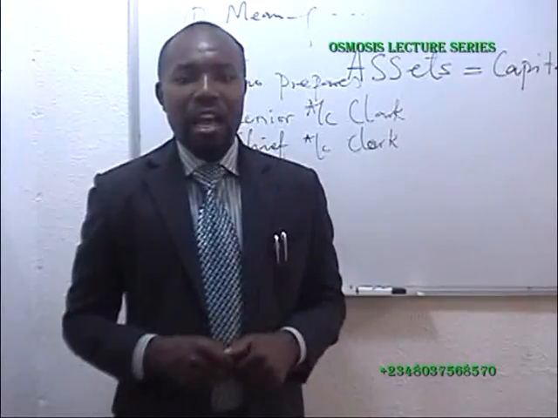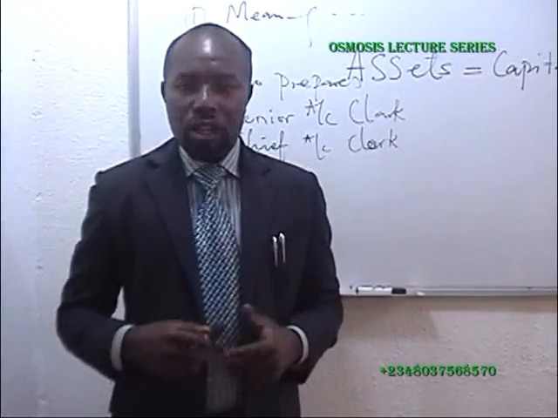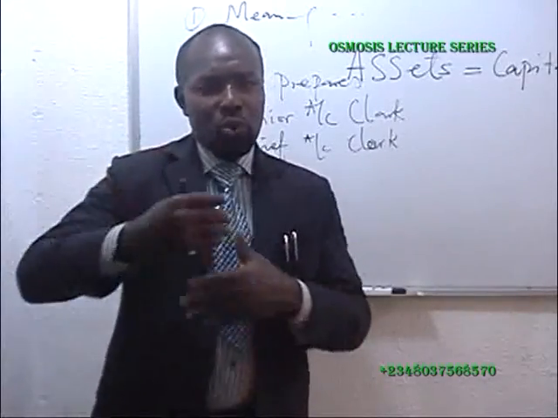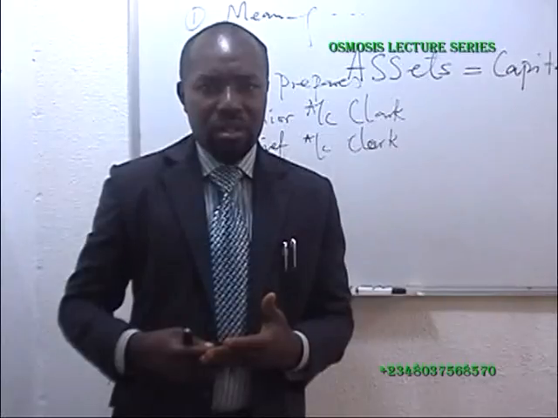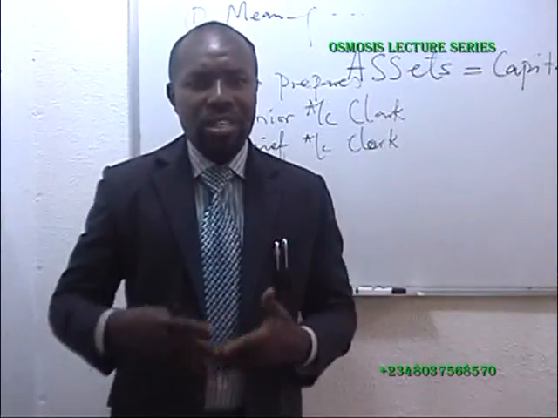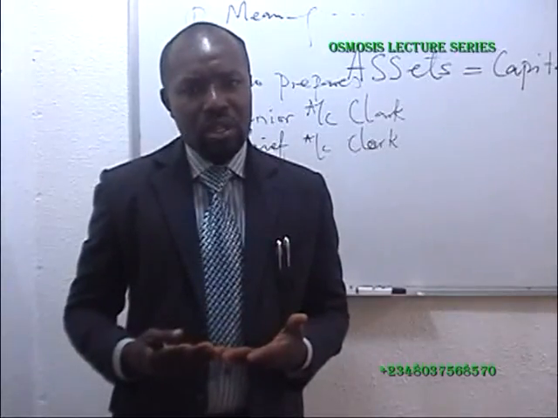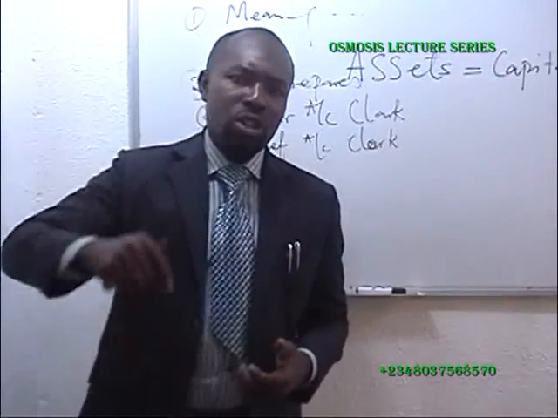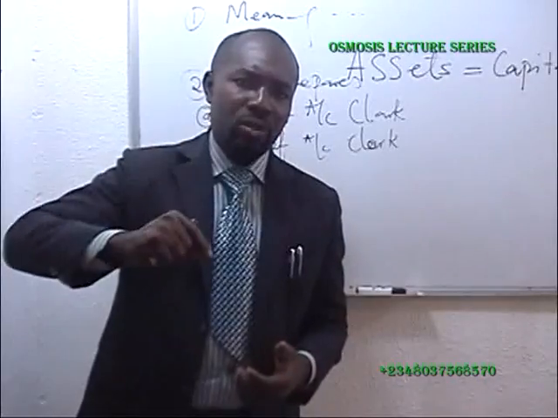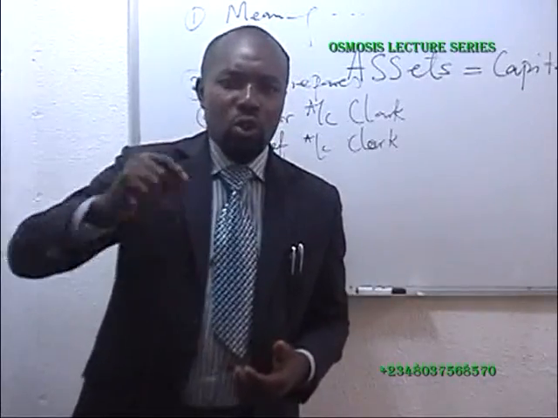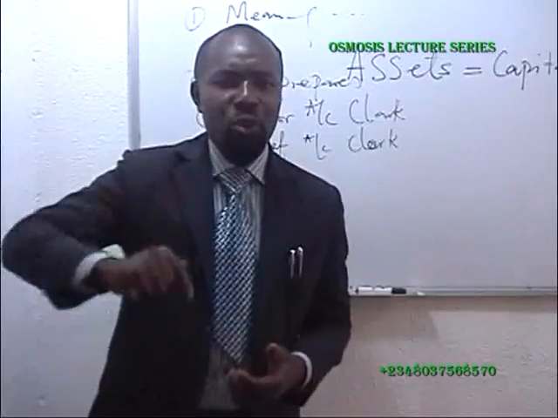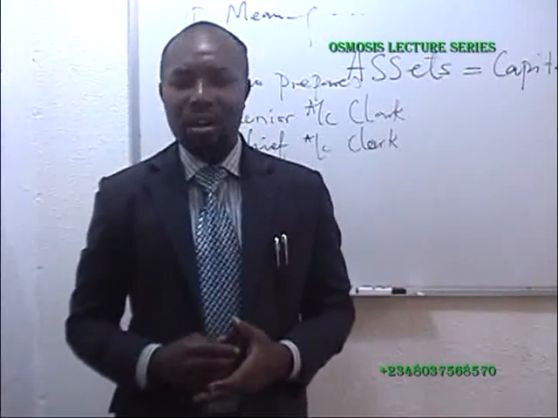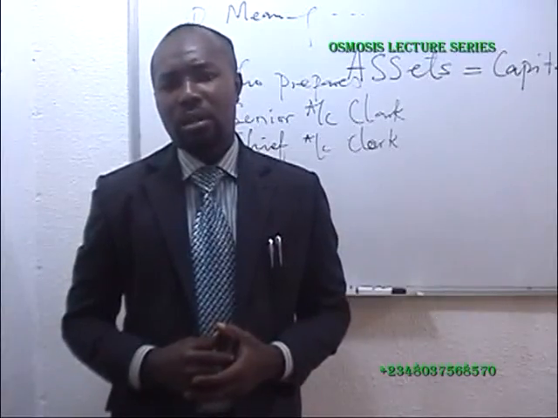The sales ledger control account is to check the accuracy of the total debtors, because when you make sales, you have debtors. So the sales ledger control account is prepared to check the accuracy of the total debtors as it appears in the personal ledger of customers.